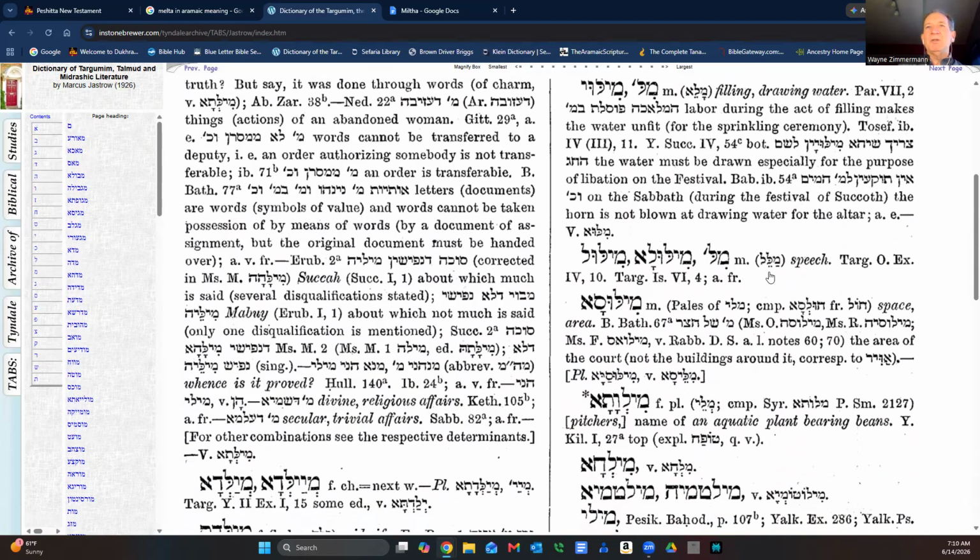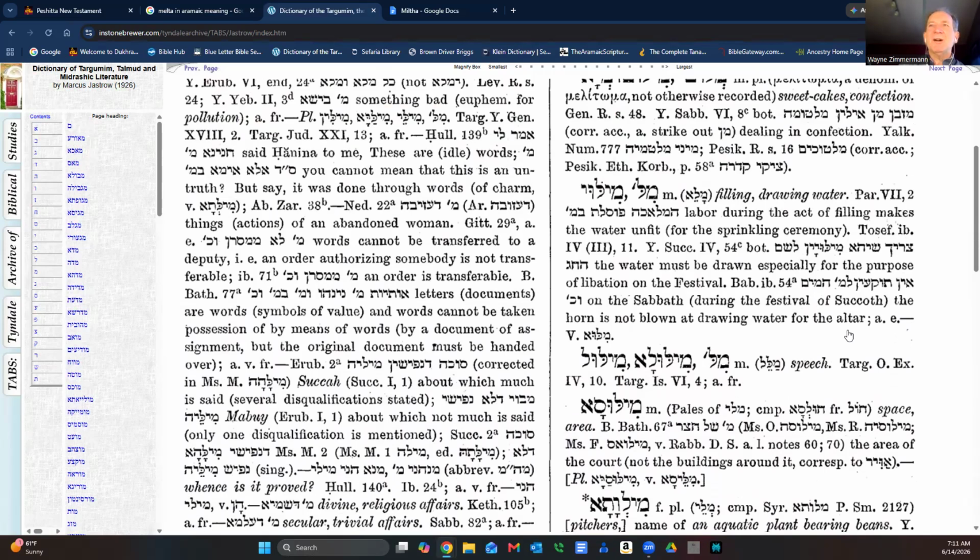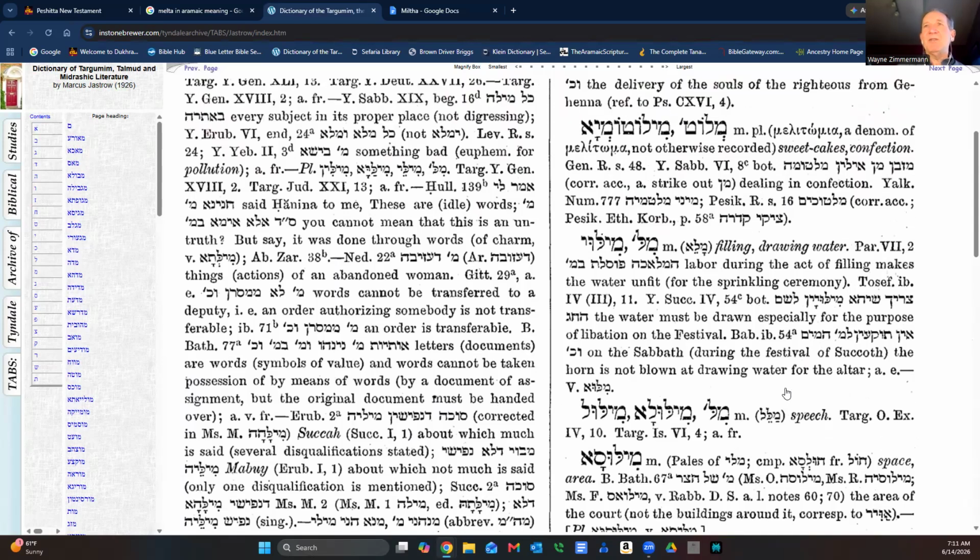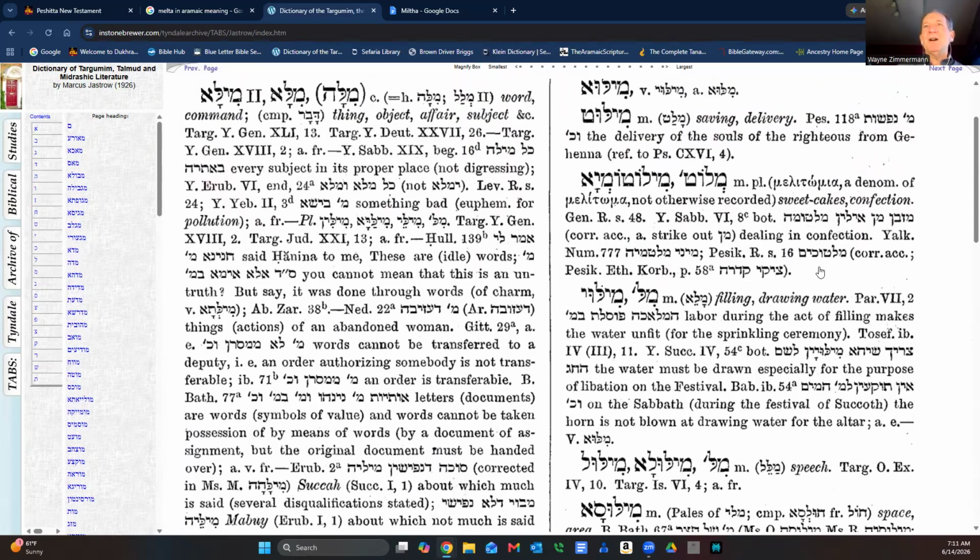And then here is milu'a, which is space. So all of these help enrich the understanding of the essence and nature of God, that he's filling. We know he spoke and the speech was involved, but he is undefined by space or area. He fills the universe, he fills the space, he fills the area, and he desires to save.